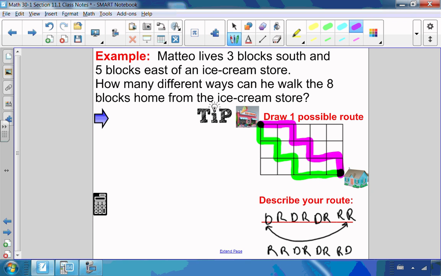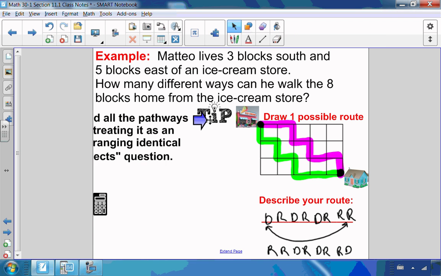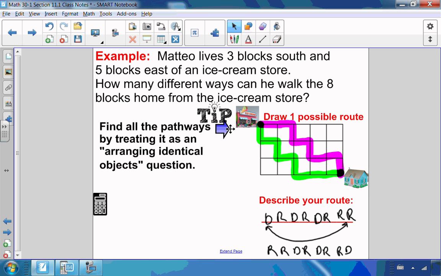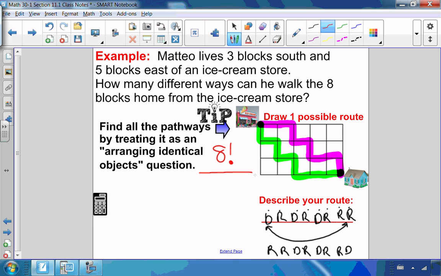So this is kind of like arranging the 8 letters where I have some repetition, and that's exactly how I'm going to solve it. To find all the pathways, I'm going to treat it as an arranging identical objects question. Altogether I have 1, 2, 3, 4, 5, 6, 7, 8 letters to arrange. So I'm going to say 8 factorial ways of arranging those letters, but we have some repeats.